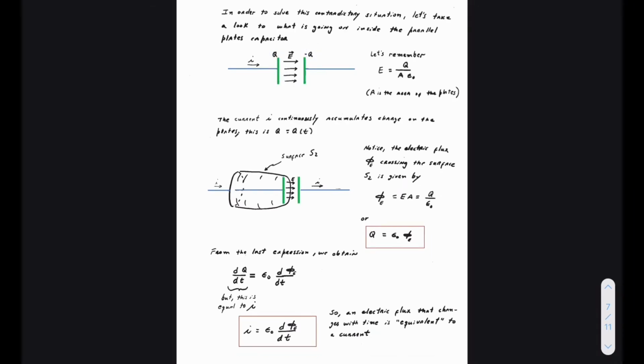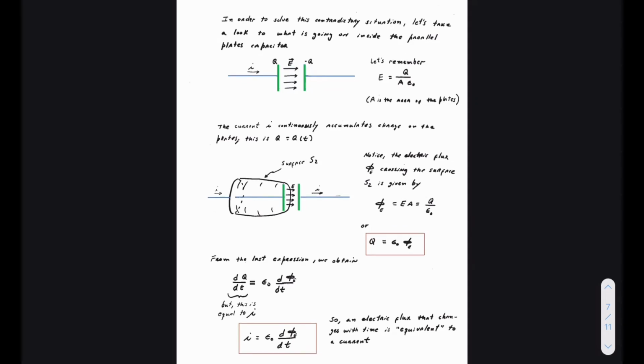And as the plates are very close to each other, the electric field here can be considered constant, which we can find out by this equation, where A is the area of the plates and epsilon naught is the permittivity of the medium inside the capacitor. So, although no electric current is passing through the surface, an electric flux is passing through.